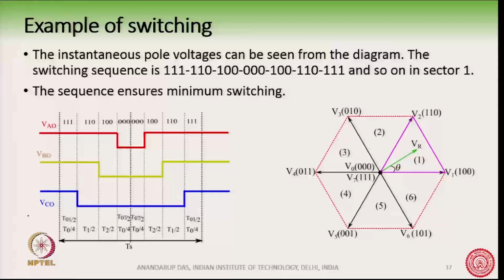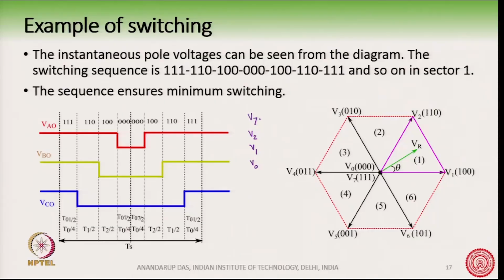So, when we do this switching, let us see this switching where we are switching say from 111, 110, 100 and 000. Okay. So, there is a reference vector VR, and we are realizing it by switching like V7, V2, V1 and V0. Okay.